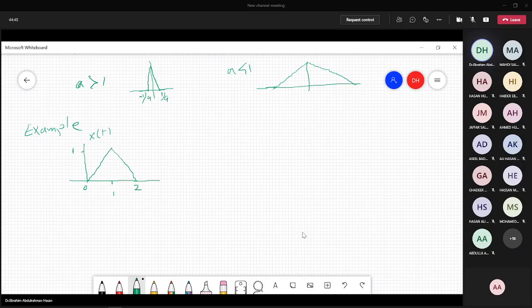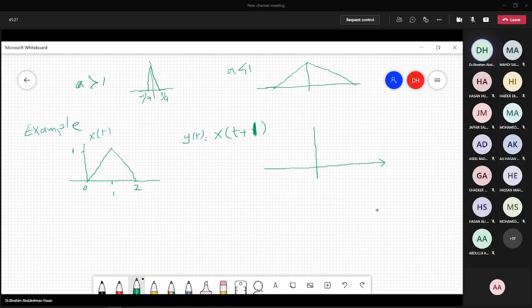If this is my x of t, I want to find x of t plus 2. What happens to the signal? Shift it left. Okay, I'll do plus 1. So shift it left to where? So this is my y of t now.